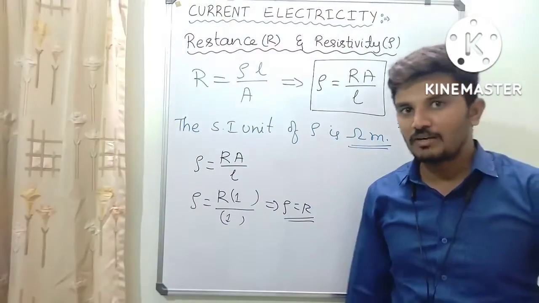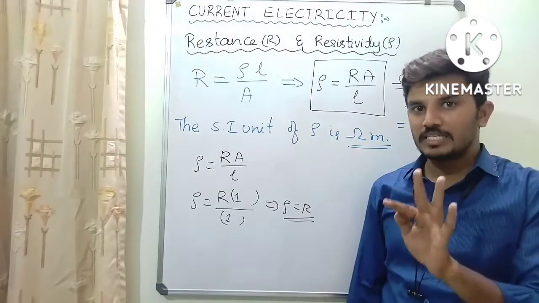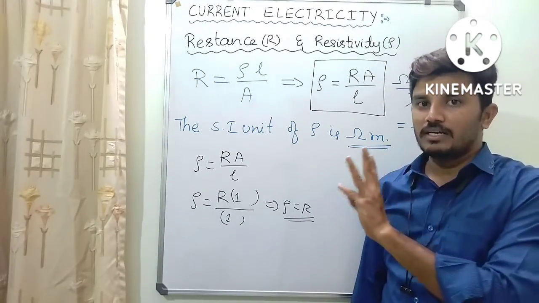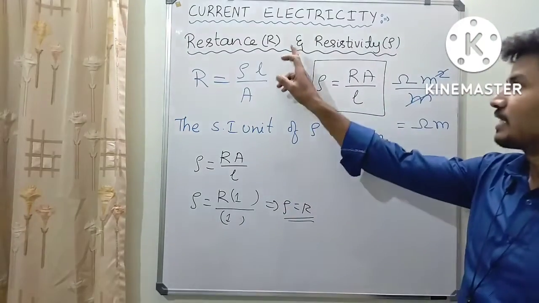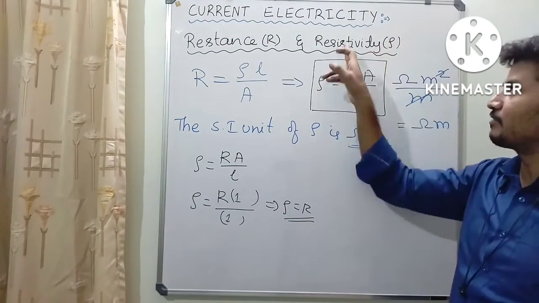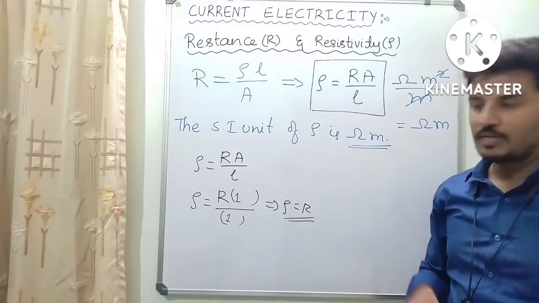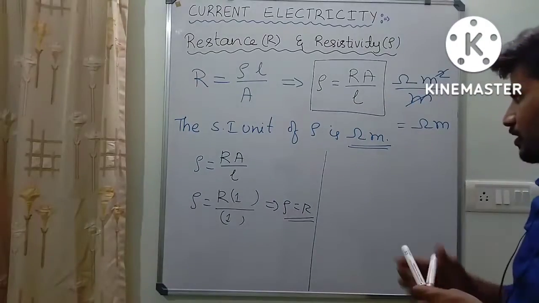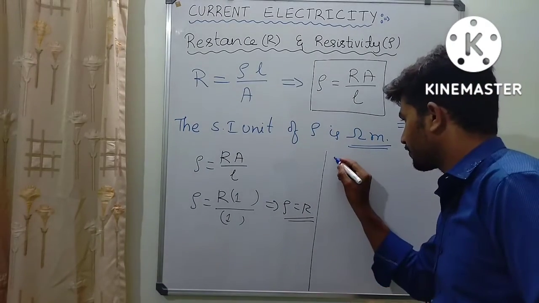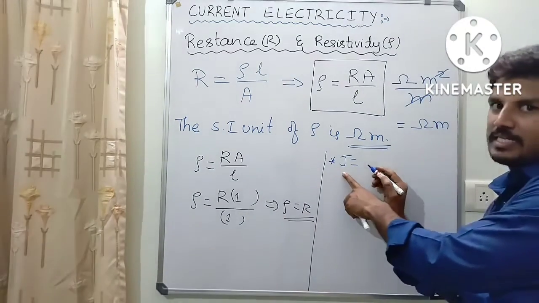Now I am going to derive the relation between conductivity, resistivity and current density. Before that, you need to know two more things. What is that? Resistivity and conductivity. Here we have resistivity. What is conductivity? Let me explain here itself. You need to know a few things, dear students. First thing, write down there in the note. J is called current density.